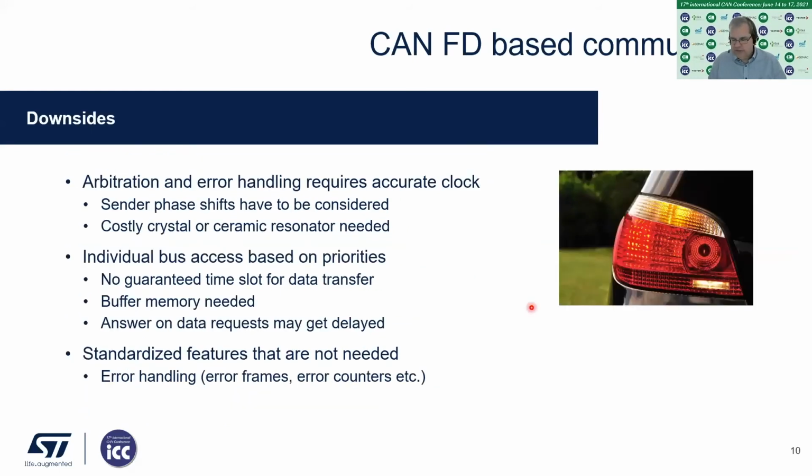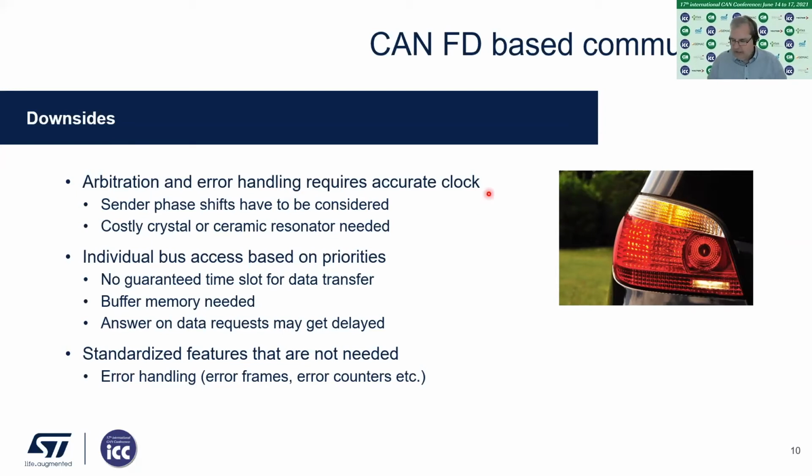However, where there is so much light, sometimes there is also a little bit of shadow. So there are a few downsides here. One downside is that CAN FD works with arbitration and also some error handling, like sending error frames and overload frames, and these require an accurate clock.